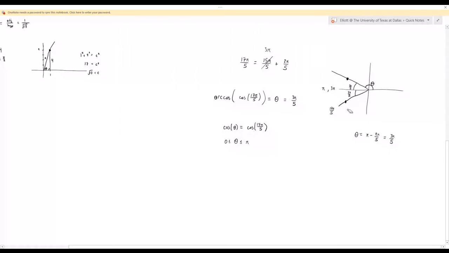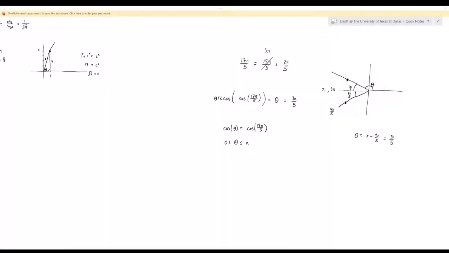I was thinking in terms of the x-coordinates, because I know cosine corresponds to the x-coordinate. Then to figure out this angle, I used the idea that this angle was 2 pi over 5. So this angle here was also 2 pi over 5 by symmetry. And then I had to subtract that from pi to figure out the angle theta, okay? All right, so I hope that was clear enough. Is that good? All right, cool.